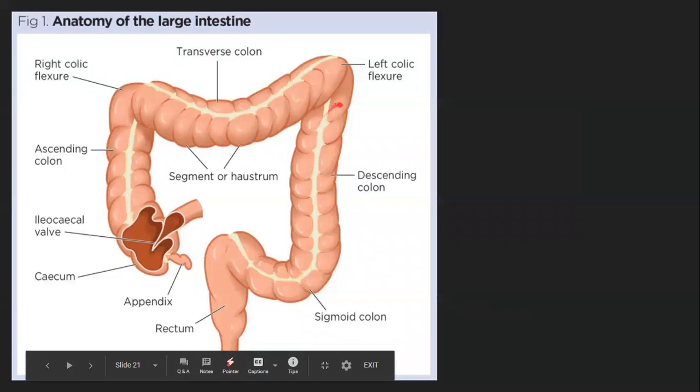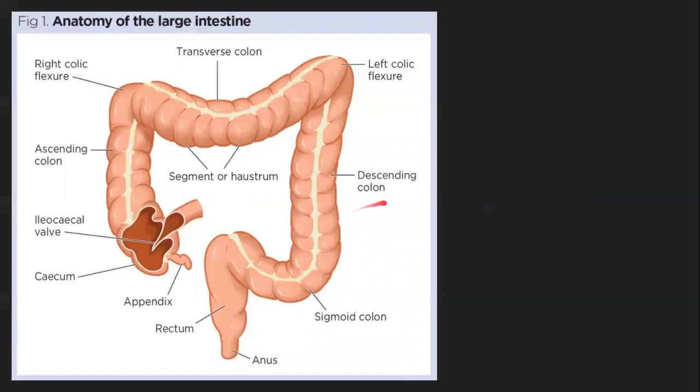So what happens in the large intestine? Well, the large intestine basically absorbs a lot of water, right? So the body doesn't really like to lose water. It tries to conserve water wherever it can, in the kidneys or in the intestines. So the large intestine starts to absorb all the water, or most of the water.